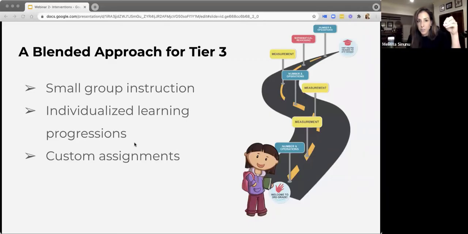So in other districts, the approach is similar, but it's all using the problem-solving approach. A Tier 3 student participates in the Tier 2 intervention with their peers also receiving Tier 2 services. Then their additional time for Tier 3 may be some customized lessons for them to work on. So in Classworks, this might mean they're working on their individualized learning progression during extra learning time with the rest of the class.